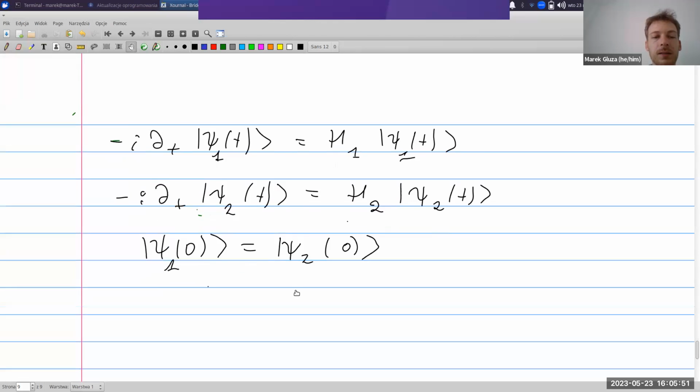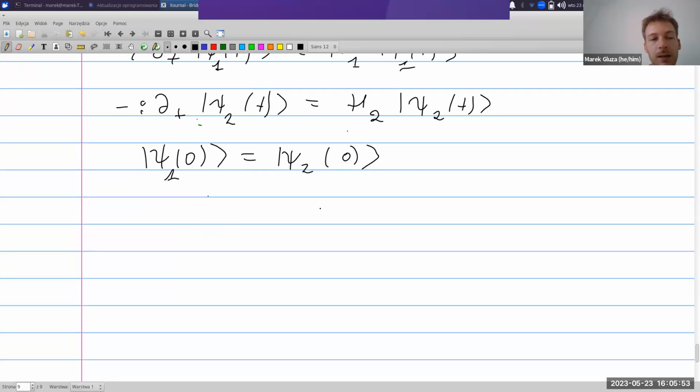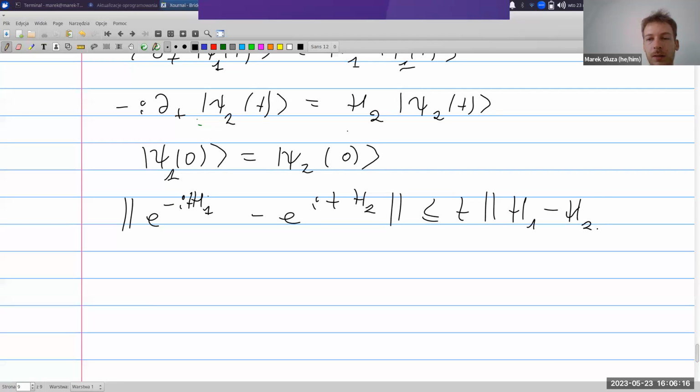So what we were deriving using integrals was that we showed that e to the minus i t H1 minus e to the minus i t H2 is upper bounded by t times the norm difference between H1 and H2, right? Okay.